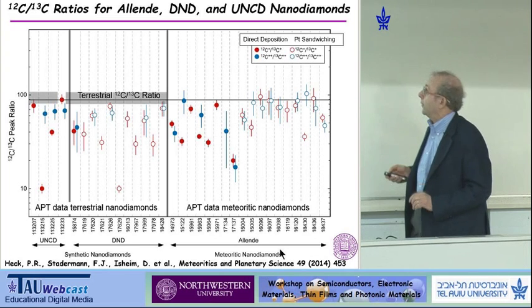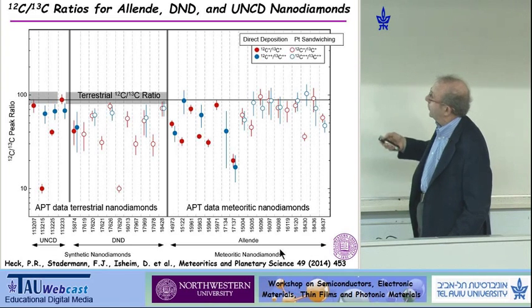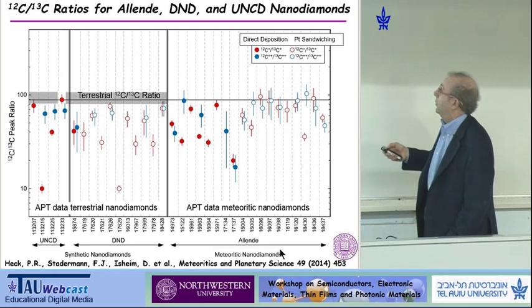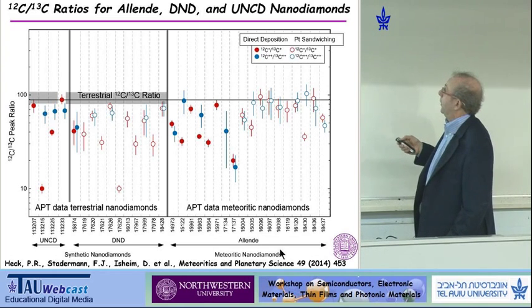Okay, so these two panels, these are all terrestrial results, okay? One of them is made by detonating diamonds to get small nanodiamonds. So these are all synthetic nanodiamonds from left to right. And on the right-hand side, you have our atom probe tomographic measurements.